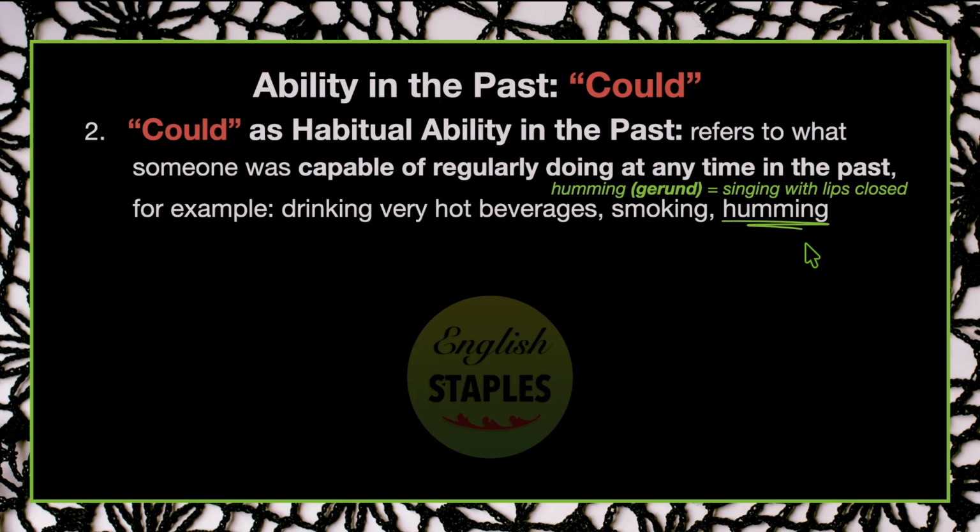A lot of people hum, and for different reasons, when they're working, maybe when they're concentrating on something. It could be a time of feeling happy about something or maybe sad about something. Yeah, humming. And when we talk about hot beverages, that could be coffee, tea, cocoa, chocolate, milk, have different hot beverages.